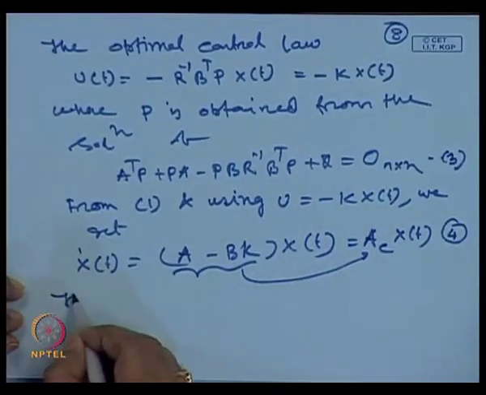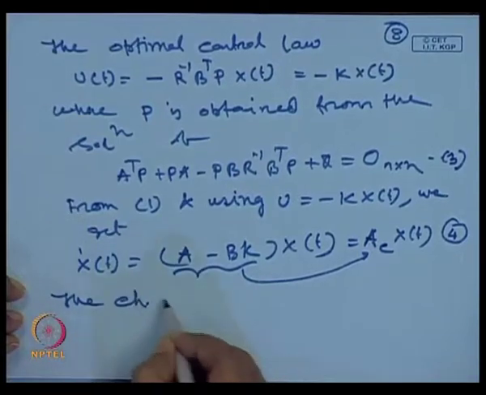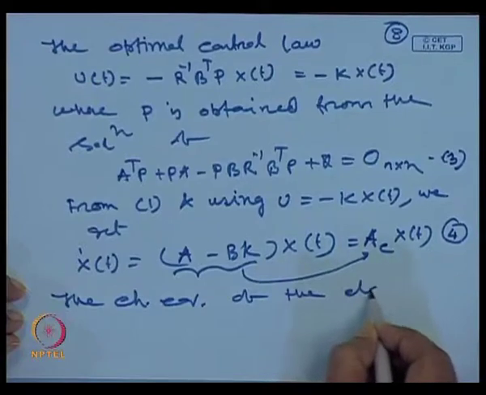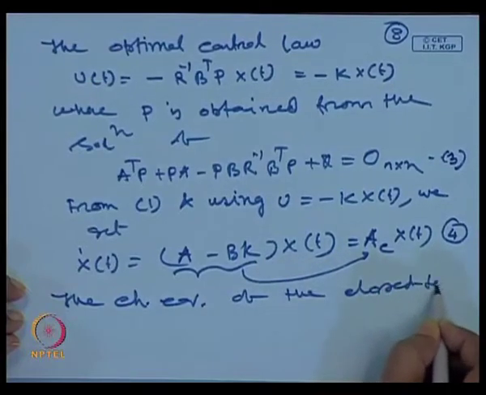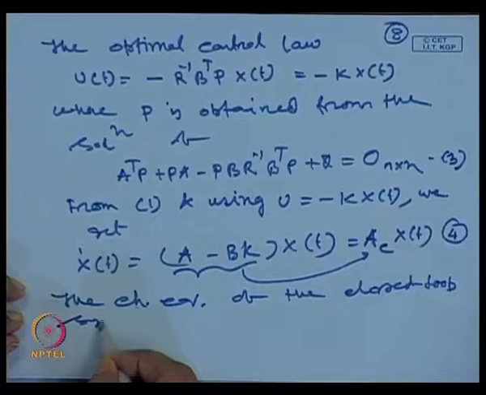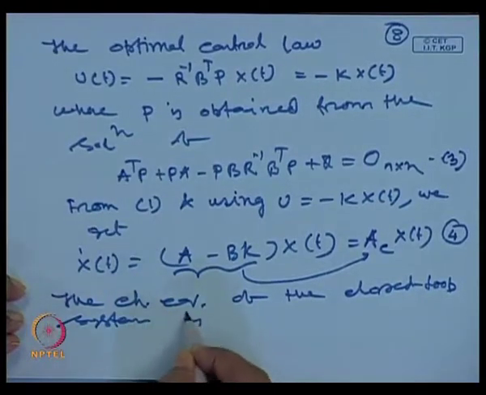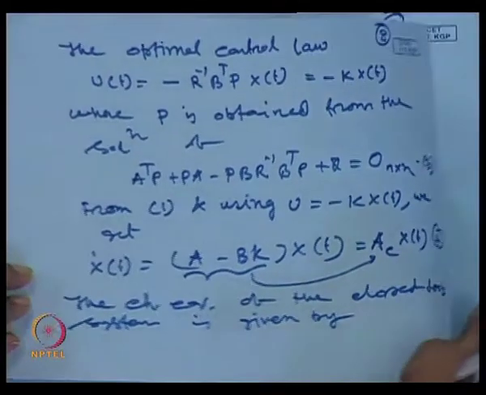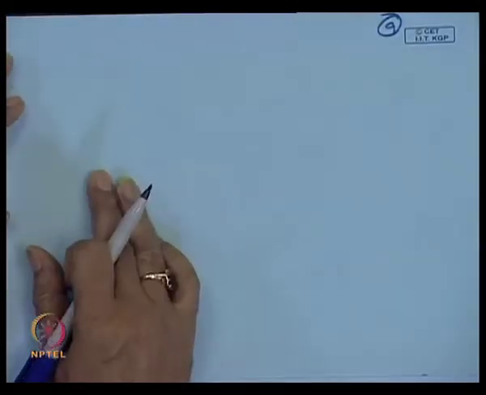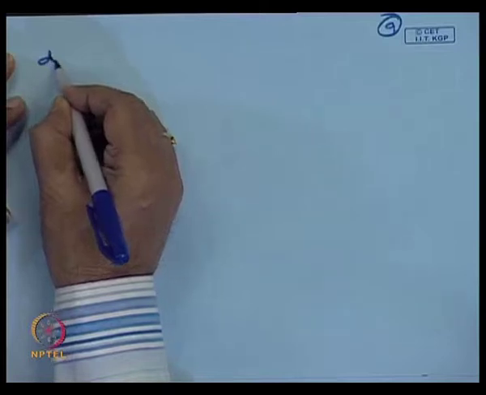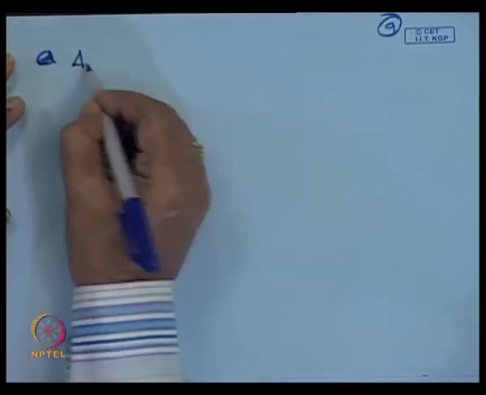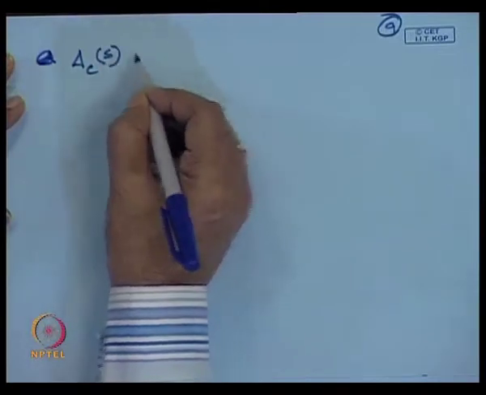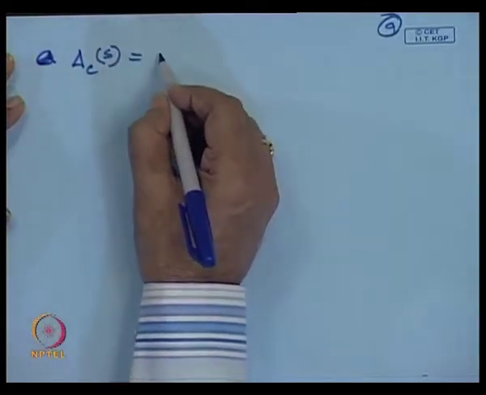So, the characteristic equation of the closed loop system is given by, what is the closed loop system characteristic equation?